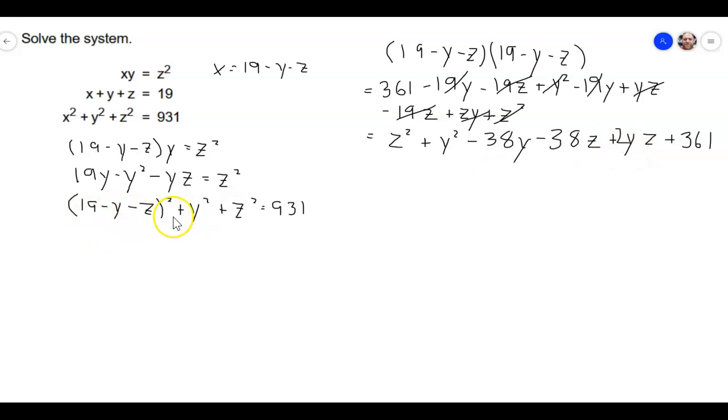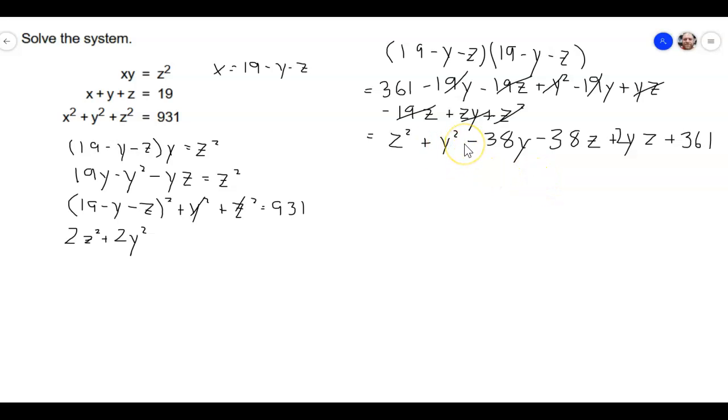Alright, so that is all of that right there. So I'm going to replace that with that. I'm going to have 2z squared, because I have one from there and one from there, plus 2y squared. Okay, so that takes care of that and that.